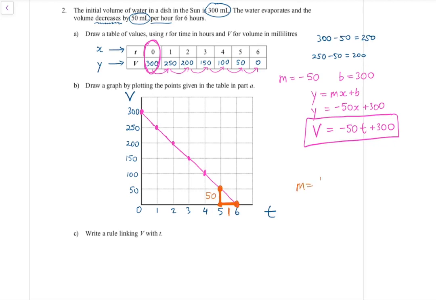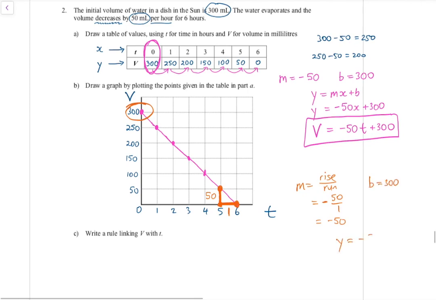So m equals the rise over the run, which is 50 over 1. But this line from left to right is going down the page, so it's minus 50 over 1, which is minus 50 if I cancel it down. And where does my pink line touch the vertical axis? Well, it touches it at 300, so the y-intercept is 300.